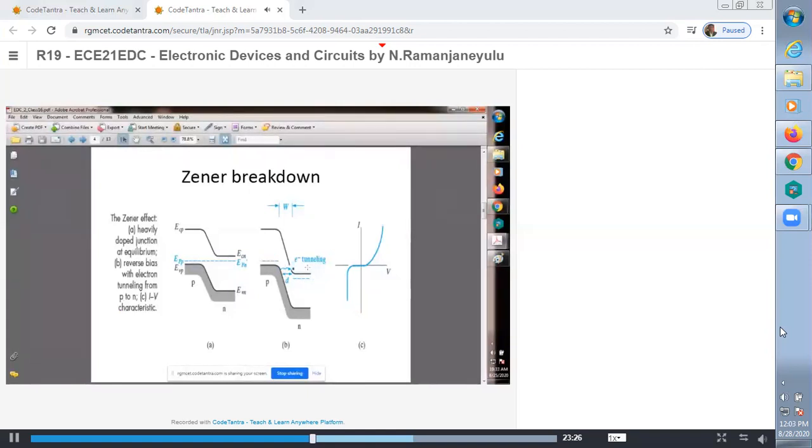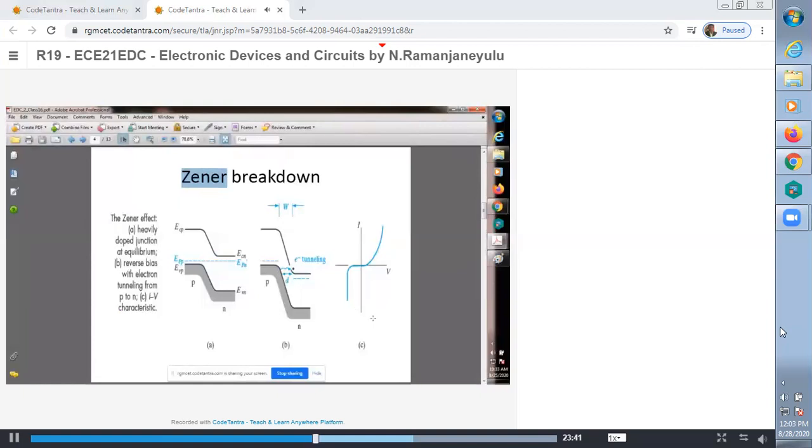This procedure is called the tunneling mechanism. It was first observed by a scientist called Zener, so this type of breakdown is called Zener breakdown.